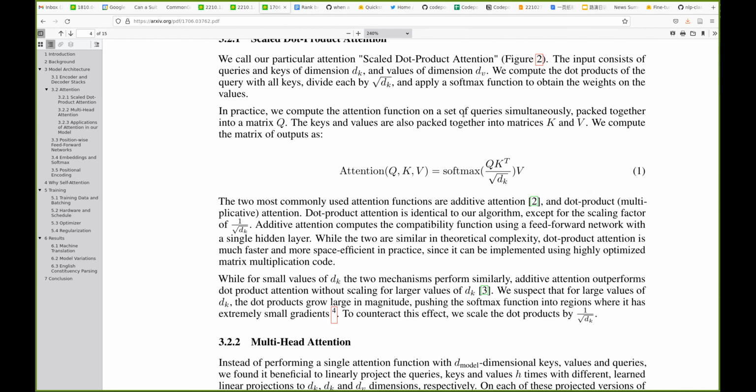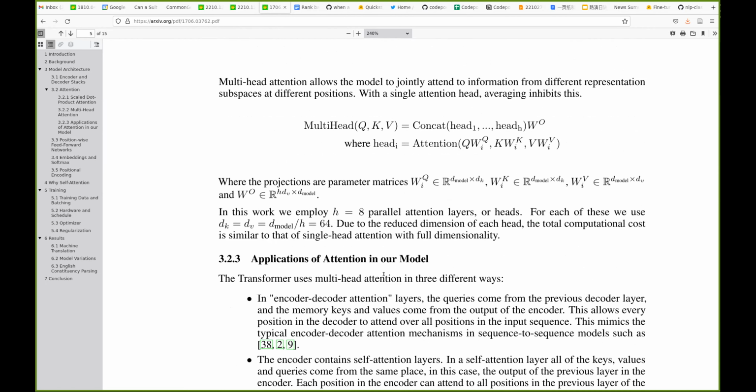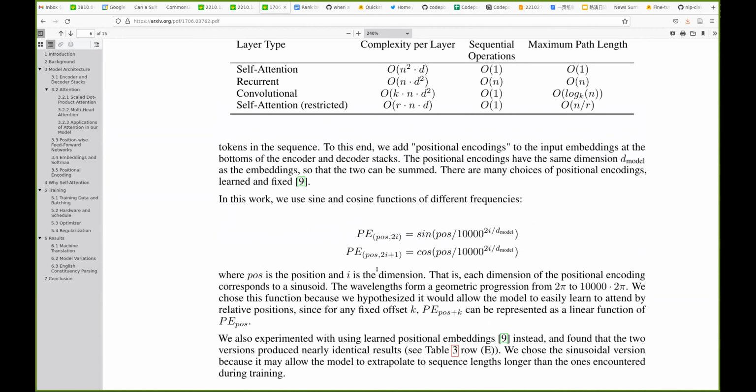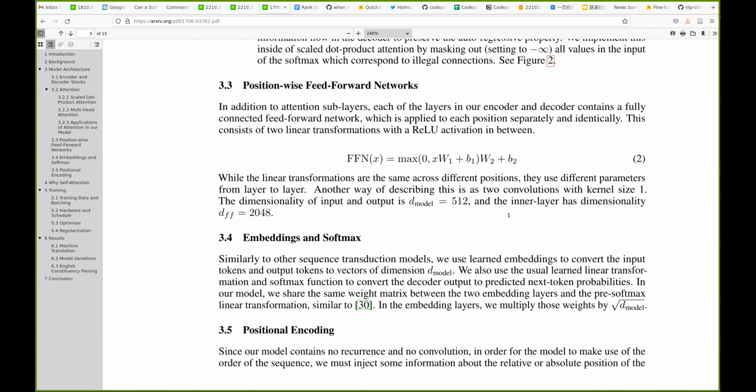All right, so this is the multiplicative attention model, and I want to talk a little bit about the positional encoding. Okay, so the positional encoding basically says that I want to know the position of a token in the input sequence. So the authors actually take a very smart approach. They use a sine function to represent where you are in terms of the input sequence.